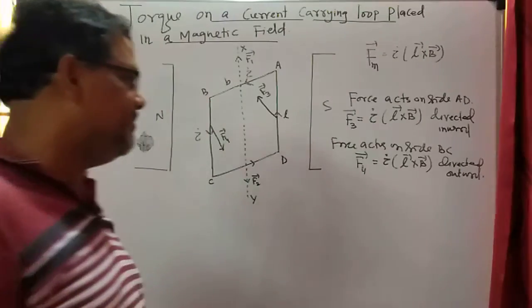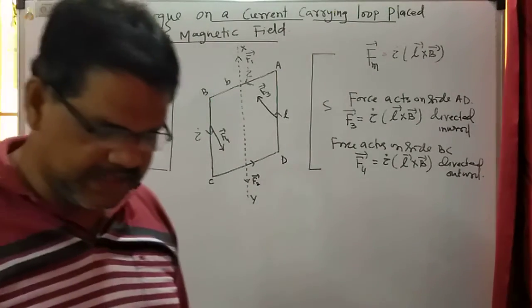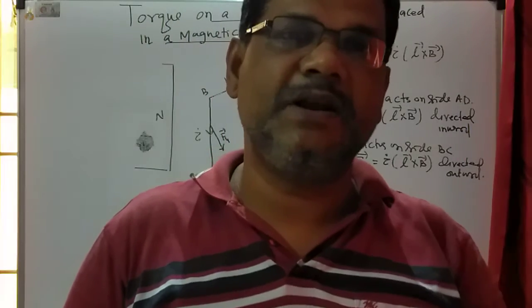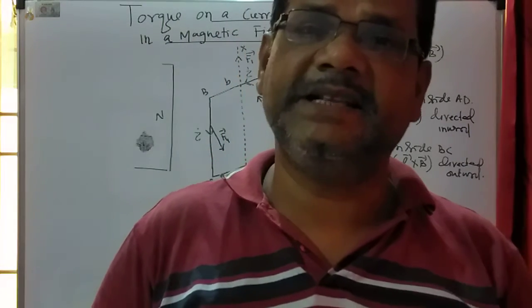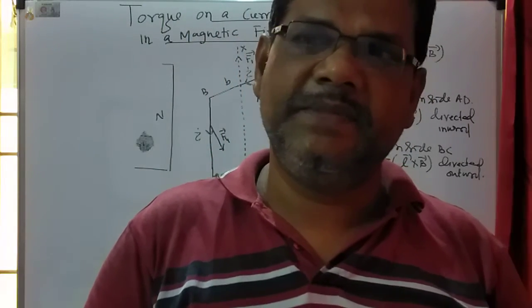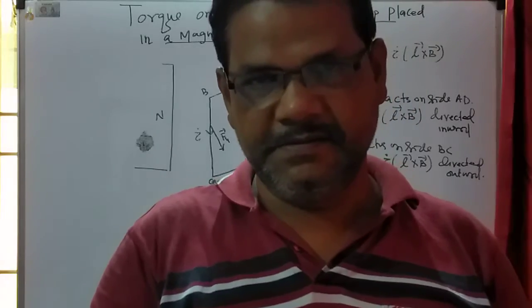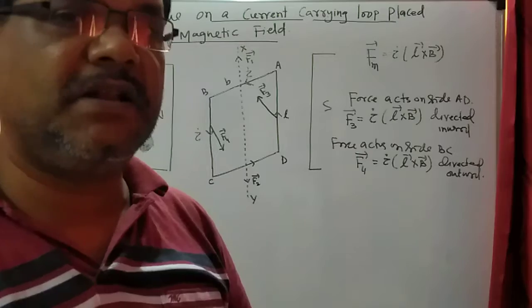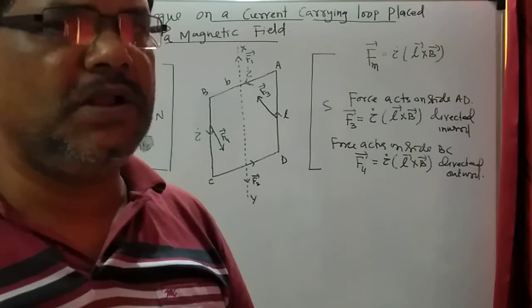Listen, one thing I am telling you: you may ask why Fleming's left hand rule is applied here. It is applicable if the current and the magnetic field are perpendicular to each other, that is, in the normal case.